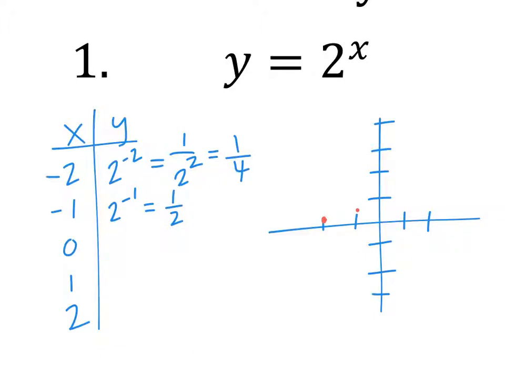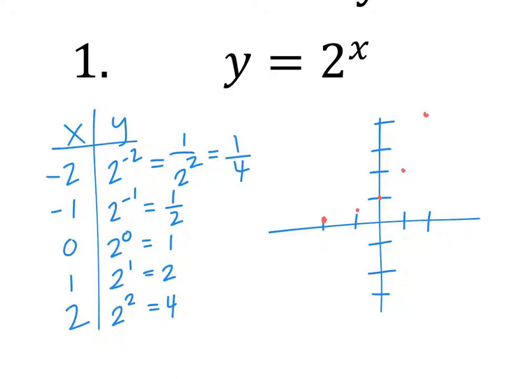Next one, 2 to the 0. Anything to the 0 is 1. And then the last two are pretty easy. 2 to the first is 2, and 2 to the second is 4. So we have 1, 2, 4.